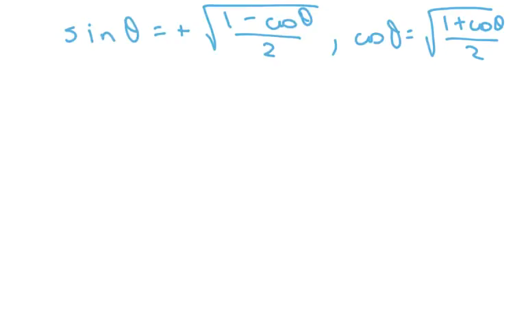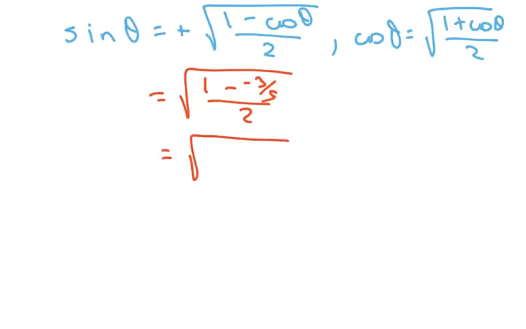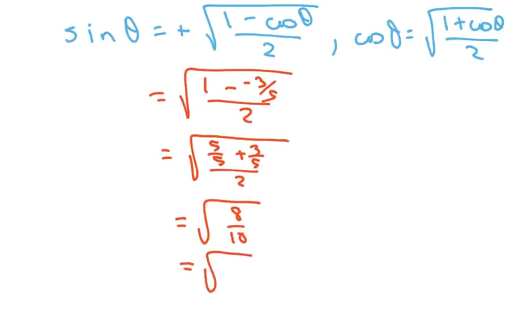So for sine, we get 1 minus -3/5 over 2, which equals, I'm going to write this as 5/5 plus 3/5 over 2, which equals 8 over 10. Reduce it first: you get 4 over 5, which equals 2 over square root of 5, which equals 2 square root of 5 over 5.